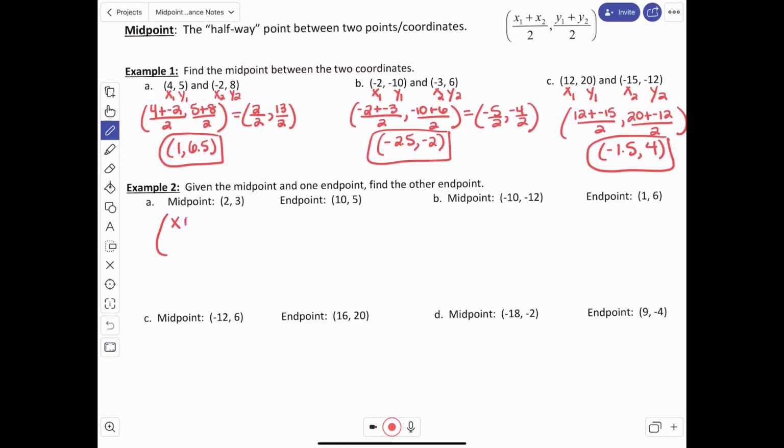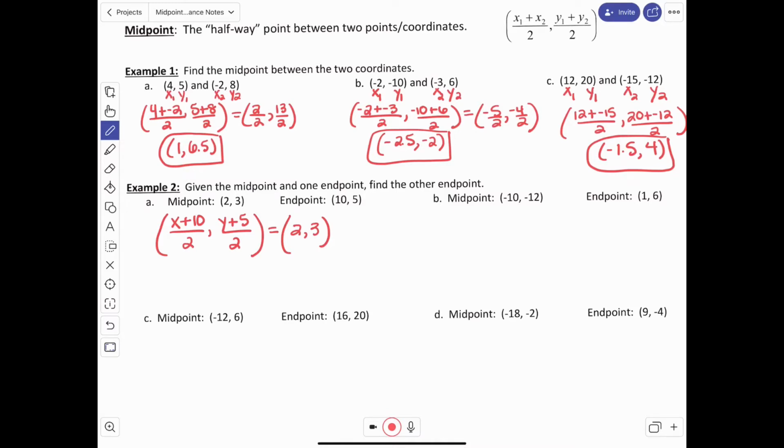So x plus 10 divided by 2. And then we have y plus 5 divided by 2. And our midpoint is 2, 3. So basically this is what it is kind of to start off with, okay?